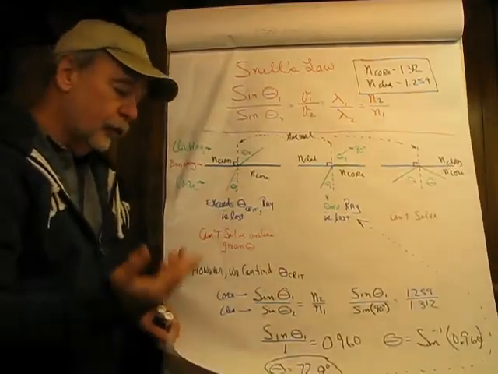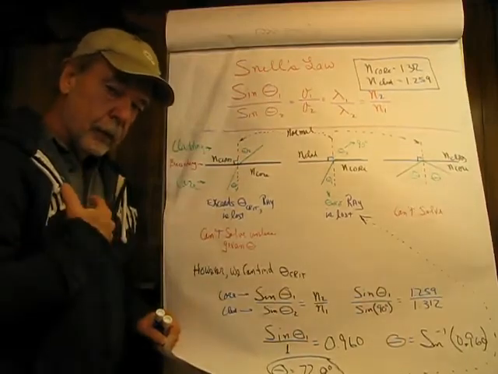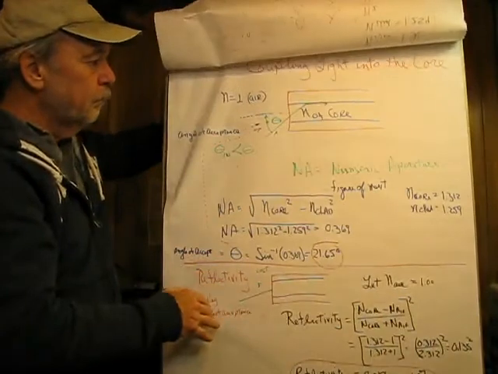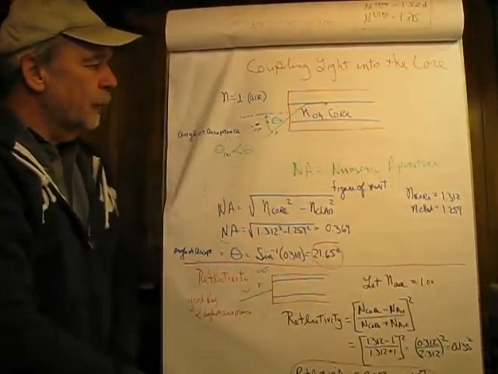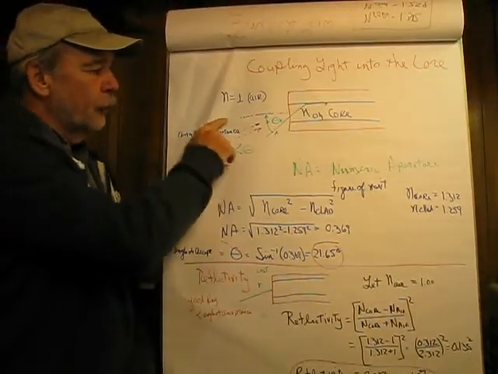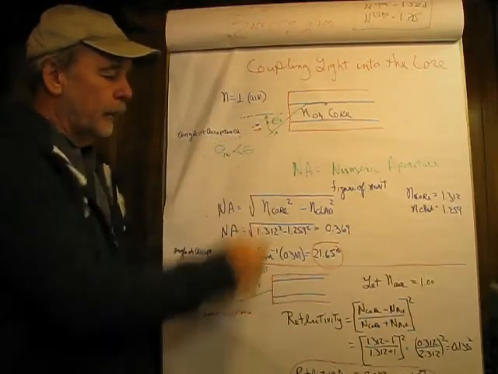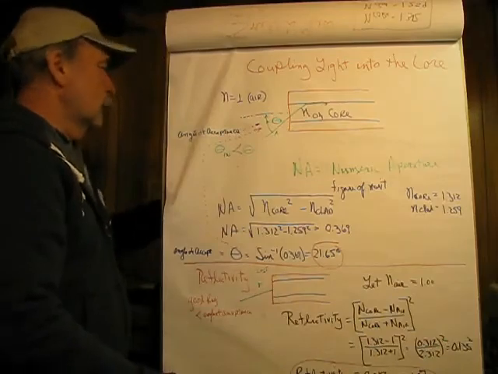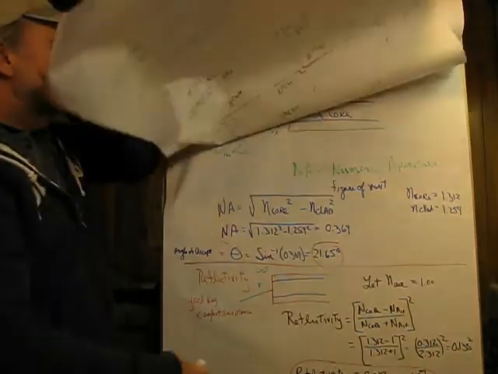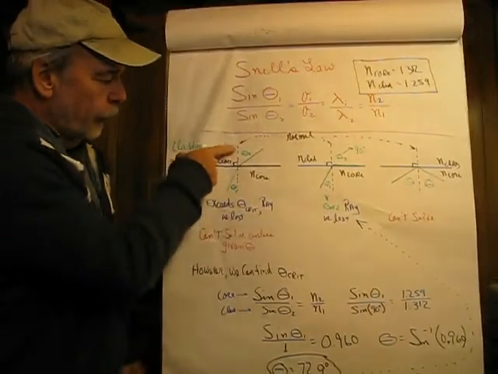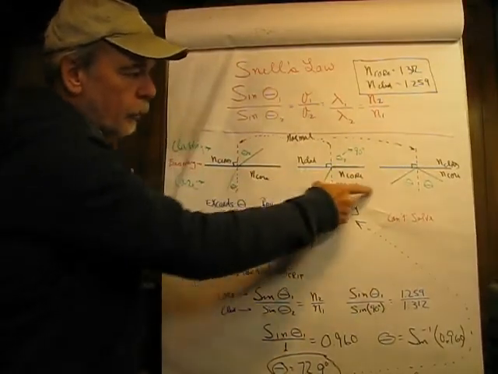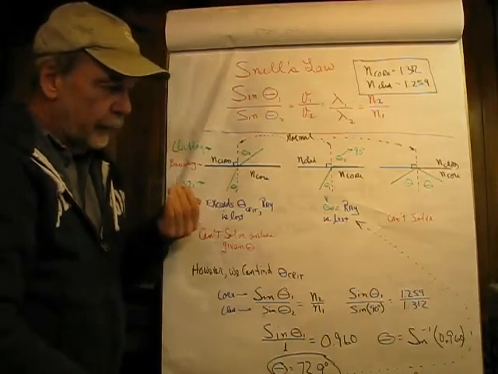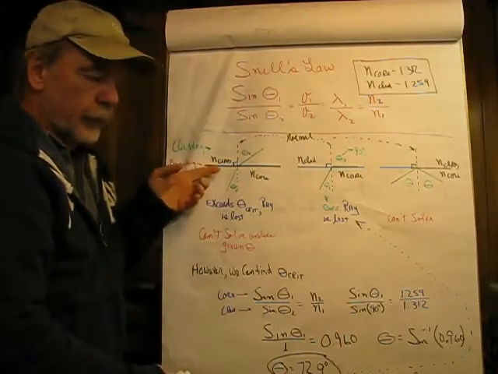Now this is going to be useful coming up because we've got to couple energy into the core of the cable. So let's talk about that for a minute, and this is going to be our source. This is called a normal. Matter of fact, let me go back for a second. This is a normal, and this is a normal, and this is a normal, and it's just an imaginary line which is 90 degrees relative to the interface.